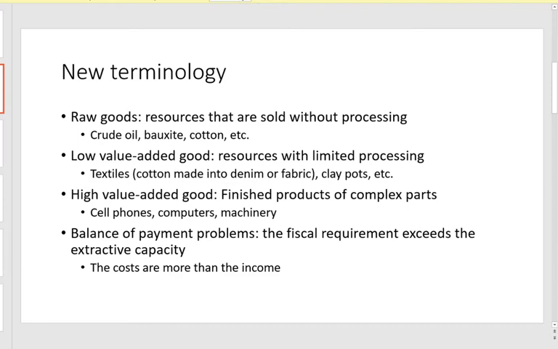And then you have a low value added good, right? A low value added good is just a minimum amount of processing to make it into a sellable product. Textiles, cotton made into any type of denim or fabric, right? Anytime you take cotton and make it into something flat, that's a low value added good, because you still haven't designed it or made it into something high value.